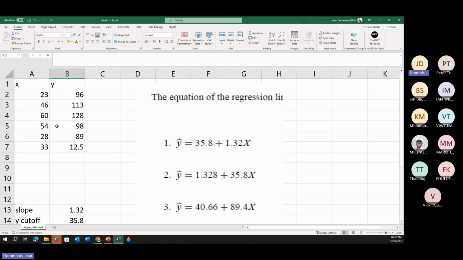So that will also be a way of calculating it. Okay. Are you guys happy with this one? Would you rather use Excel, or would you use your calculator? But again, which one is easiest for you to do?